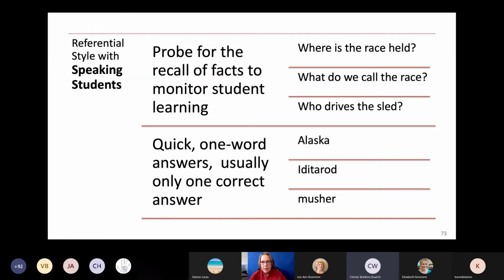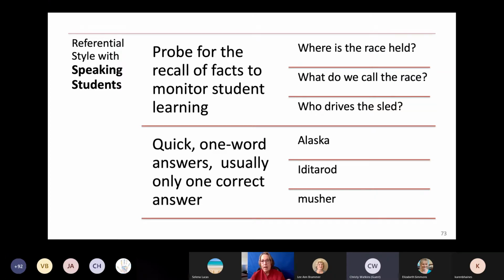So in the referential teaching style, this is where teachers are doing a lot of probing of the recall of facts. They've delivered the facts about the lesson to the students, and then they want to get a quick one-word answer back from the student and be able to clearly mark it off. Did they get it right or did they get it wrong?